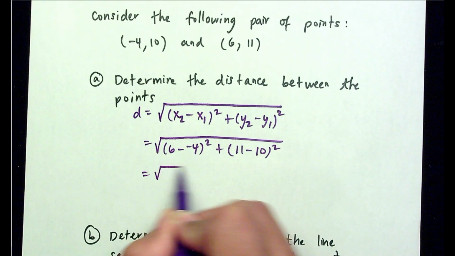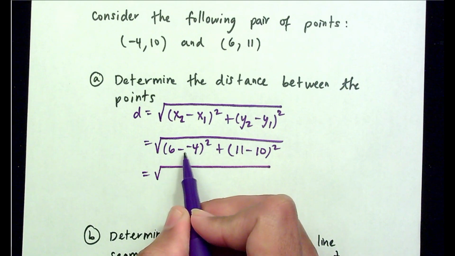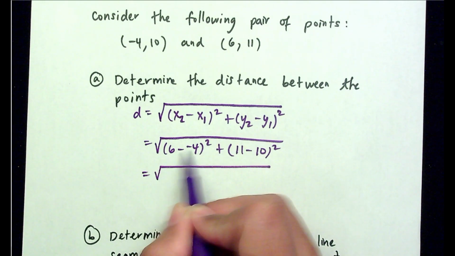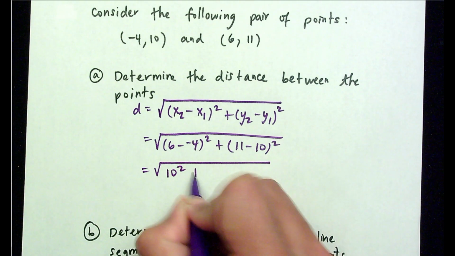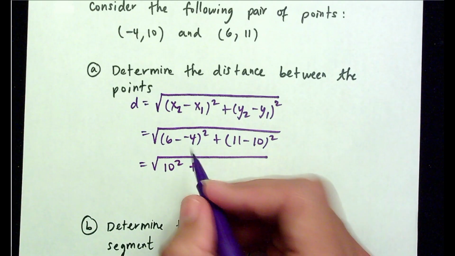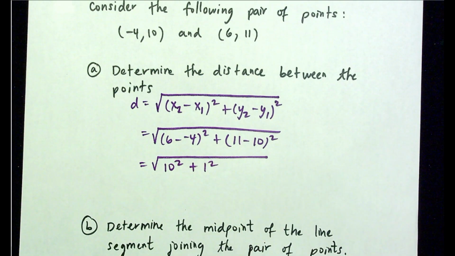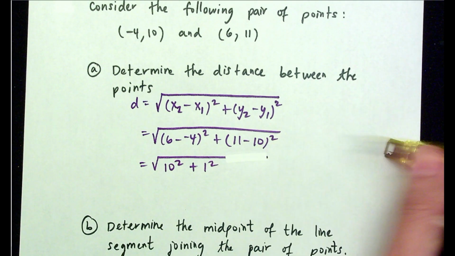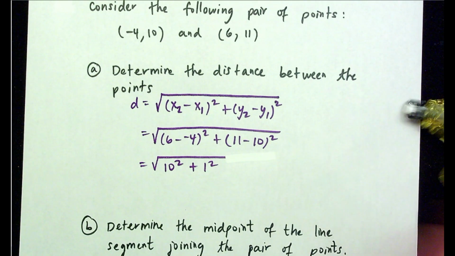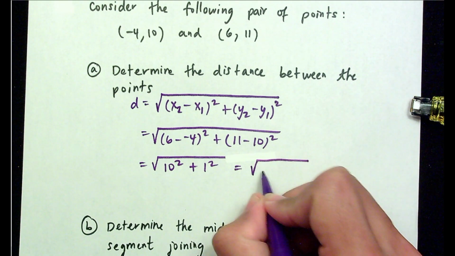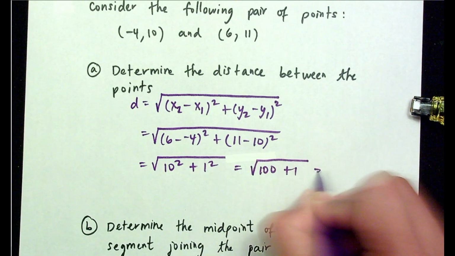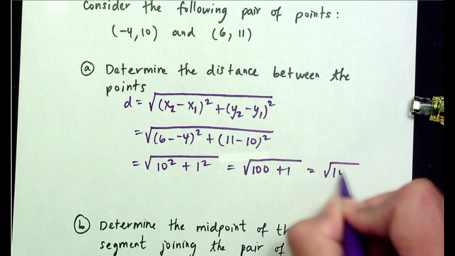This becomes a plus, so this will be like 6 plus 4, that's 10. So 10 squared. And then 11 minus 10 is 1, so 1 squared. 10 squared is 100. 1 squared is 1, so this is the square root of 101.